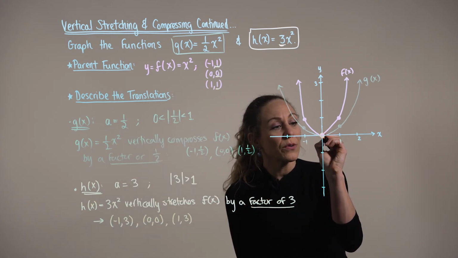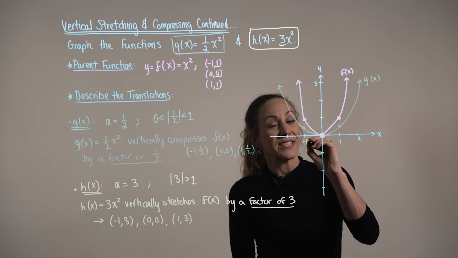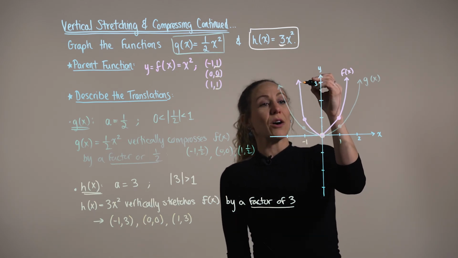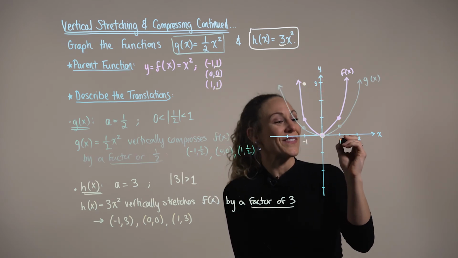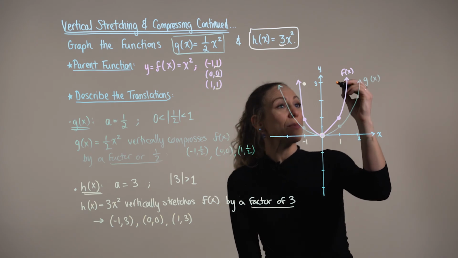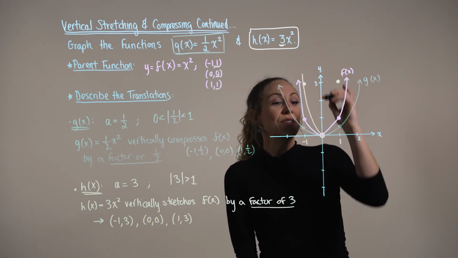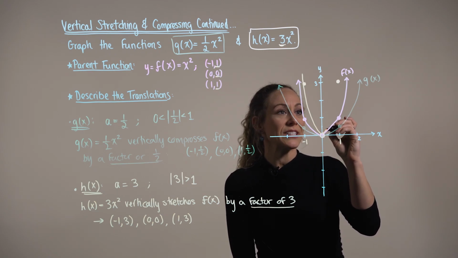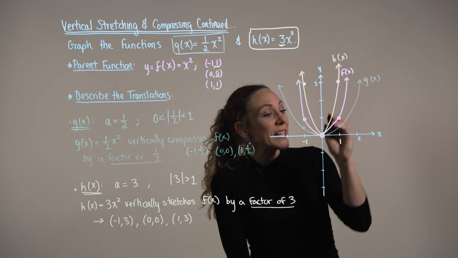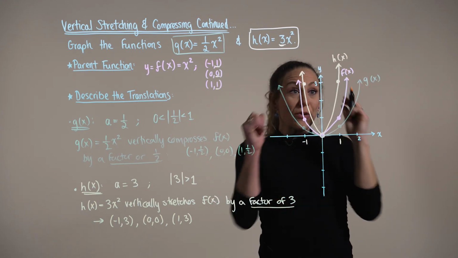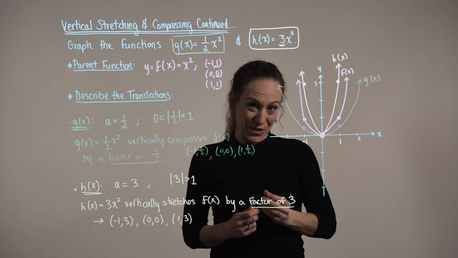So the origin remains as it is, but now when x is -1, y is up here at positive 3. And very similarly, when x is +1, the corresponding y value for this point is positive 3. So notice in this case, as we connect these 3 points with a smooth curve, we can see that our graph has gotten more narrow. The y values are going 3 times as fast as our parent function's y values.